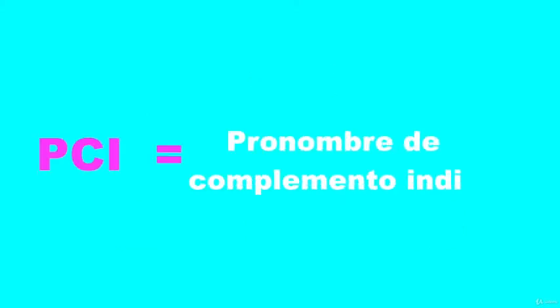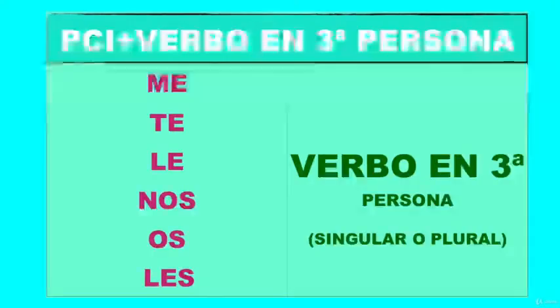In order to conjugate those verbs, we always need the indirect object pronoun me, te, le, nos, os, les, plus the verb conjugated in third person, singular or plural.